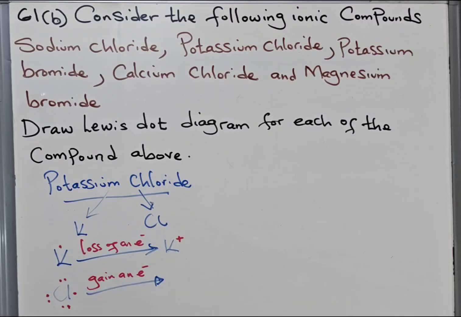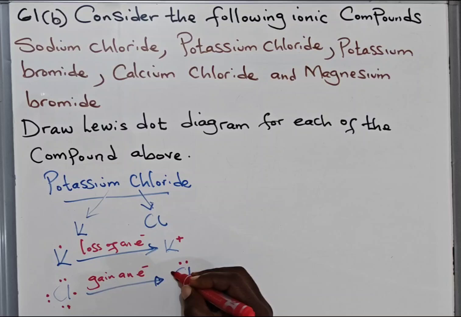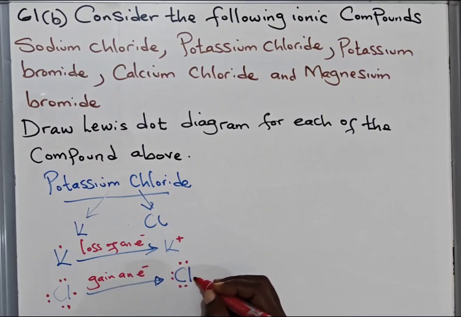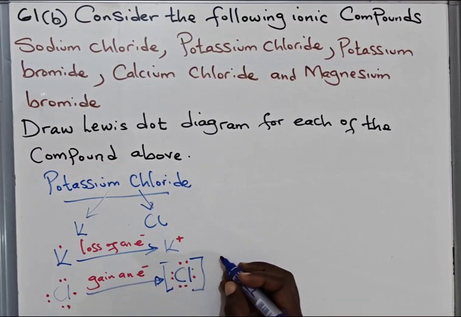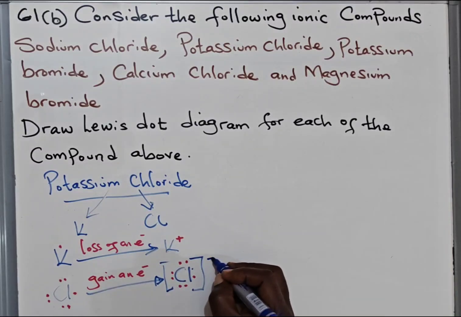In gaining an electron, this is what we are going to have. We are going to have our chlorine atom surrounded by 1, 2, 3, 4, 5, 6, 7. But we need to remember that it gained 1, so it's now 8. And because it gained an electron which is negatively charged, it is negative. And conventionally, we are supposed to put a bracket here, and we put our negative here.